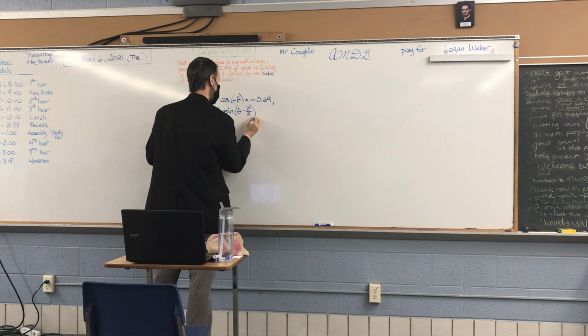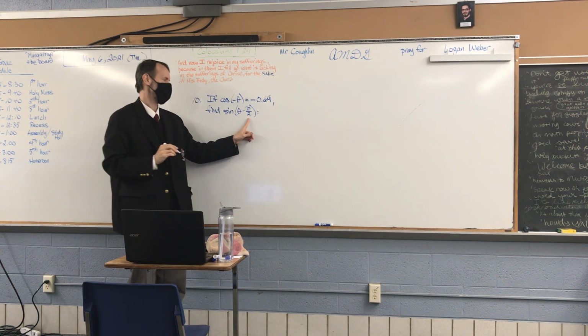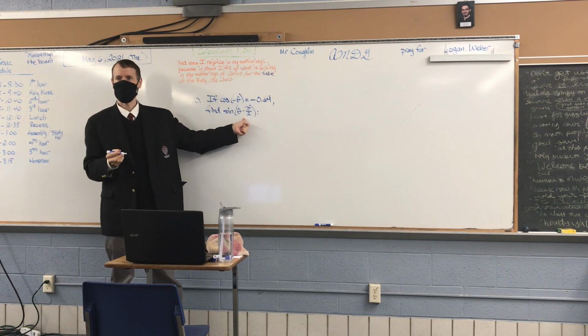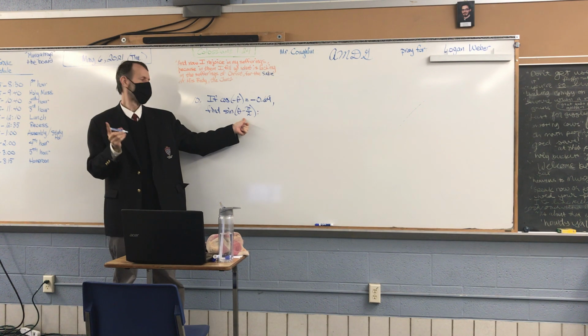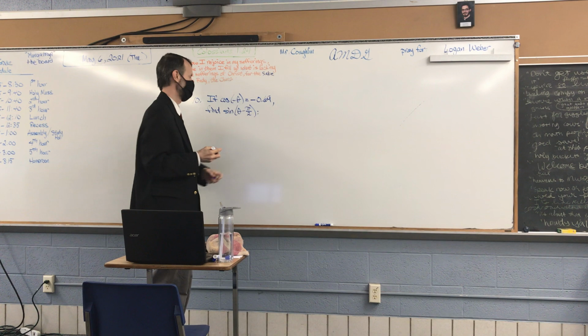Nate, what is pi over 2 again? Somebody remember? It's 90 degrees in radians. Right. Question. Is this forward or backward? It's backward. It's supposed to be the 90 degrees minus theta first.